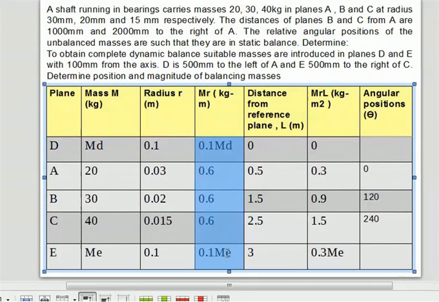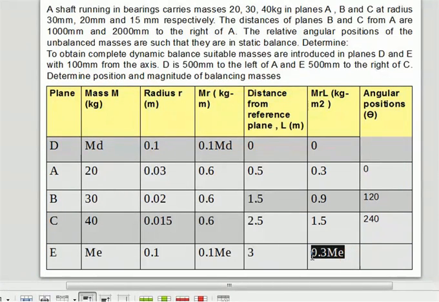And I told you how to identify whether to start with the couple polygon or force polygon. You consider this column. Using these values we will construct the couple polygon, and in this column I am having only one unknown. So you have to start plotting the couple polygon or force polygon based on in which column I am having the least number of unknowns. Since I am having the least number of unknowns in this column, first I will construct the couple polygon. So we will tell you how to construct the couple polygon now.